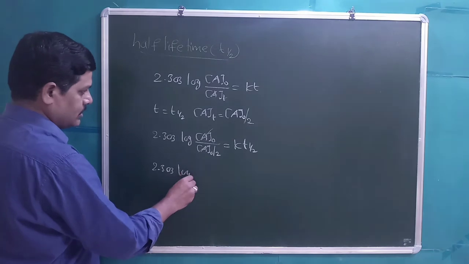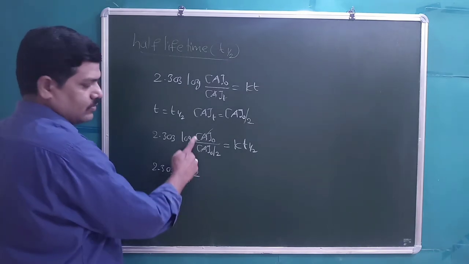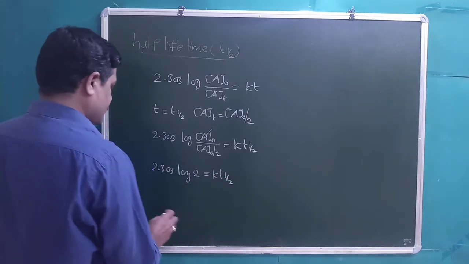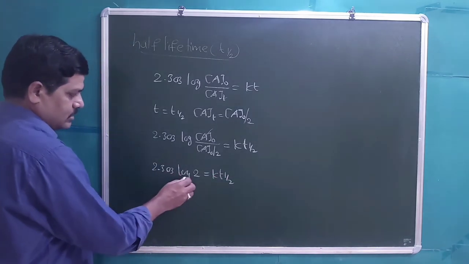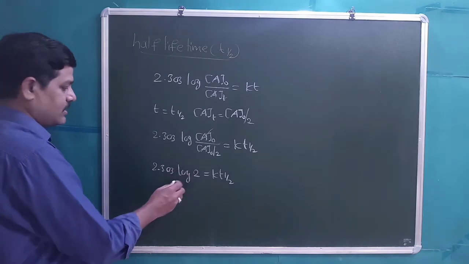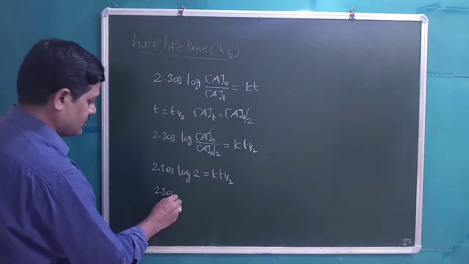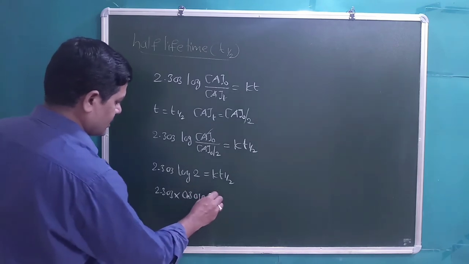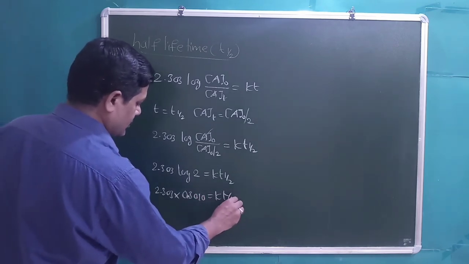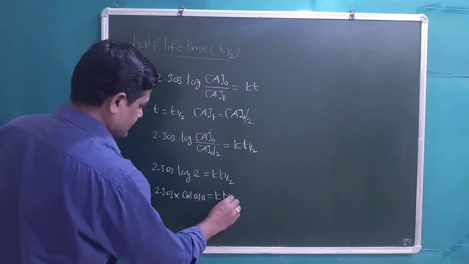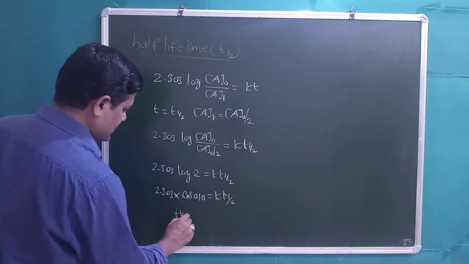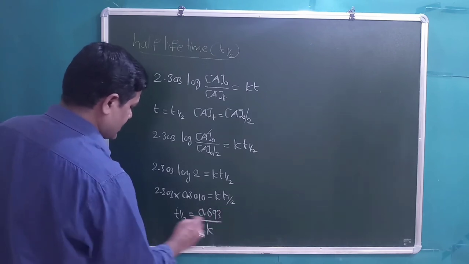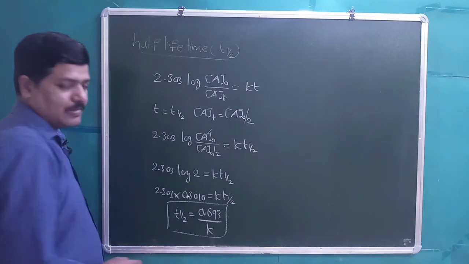So 2.303 log 2 is equal to k into t half. The value of log 2 is 0.3010. By substituting that, 2.303 into 0.3010 is equal to k into t half. So from this, we get the expression for t half is equal to 0.693 by k. K is equal to 0.693 by t half.